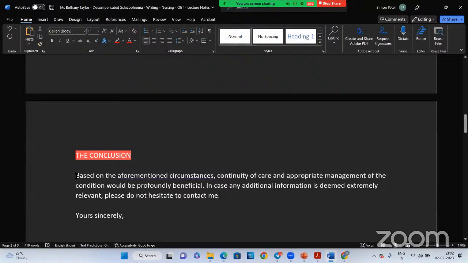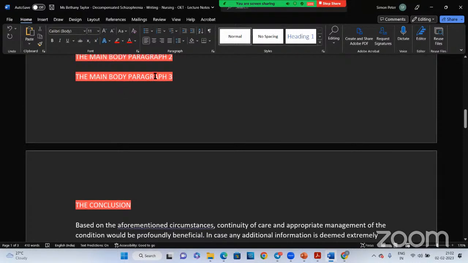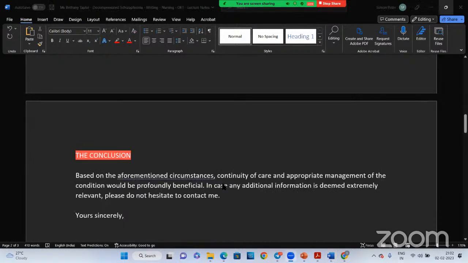Many people write the discharge plan based on the book. No, don't write it in main body paragraph 3. It's very important that you write these two sentences here. It's a reiteration of the introduction in a different style. That's it. So this is the way you can write for this.